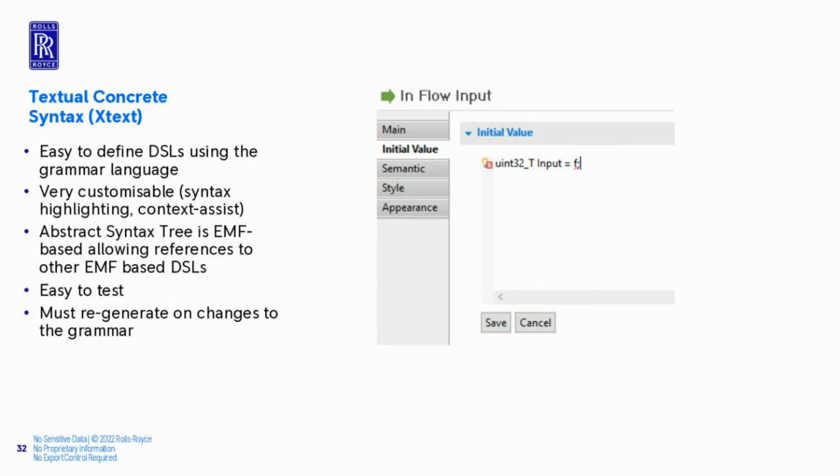We're able to access the abstract syntax tree as an EMF model, and this has allowed us to have references between the Sirius-based DSL and the Xtext-based DSLs. It's very easy to test. There's great testing support based on JUnit. The only downside is obviously it's not interpreted, so you must regenerate all the changes as necessary. So there's no quick feedback like there is with the Sirius framework.